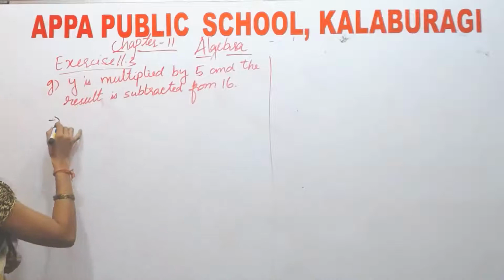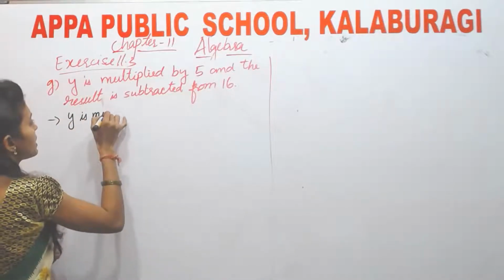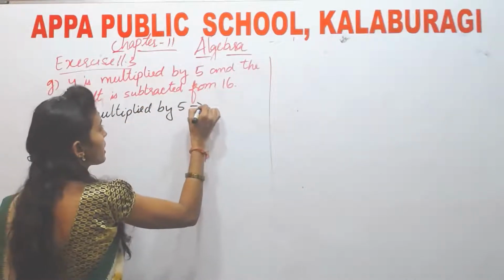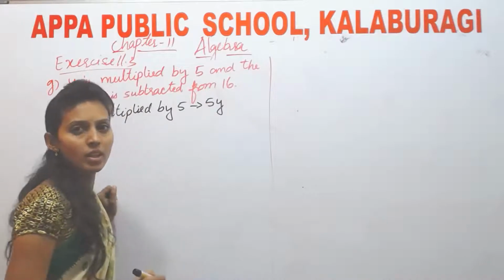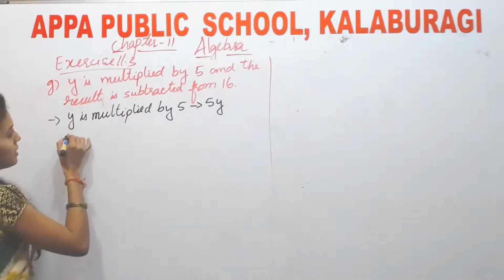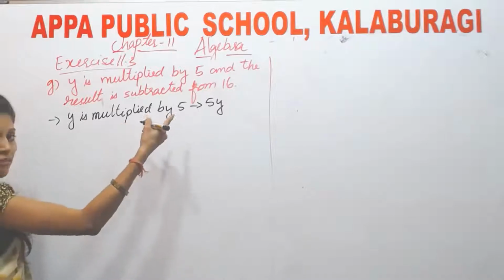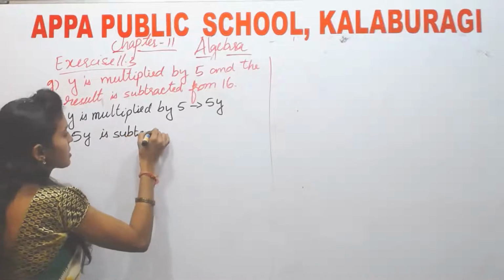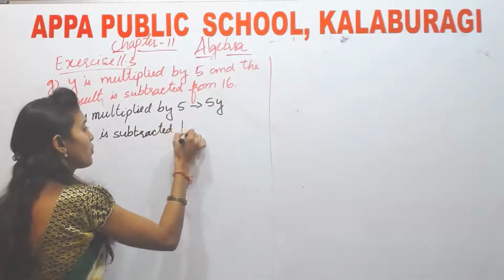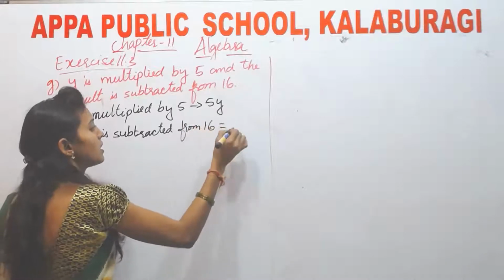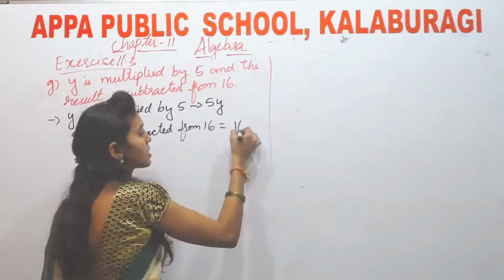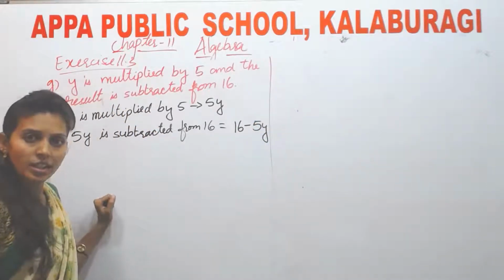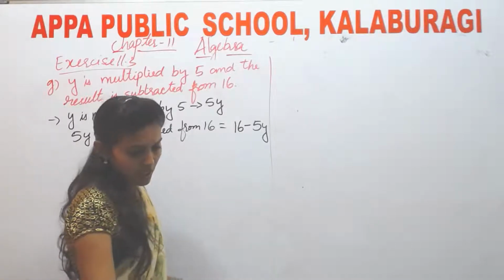See, y is multiplied by 5 means 5y, right? Then the result is 5y now. 5y is subtracted from 16. It is nothing but 16 minus 5y. From 16, this is subtracted. Got it? Yes.